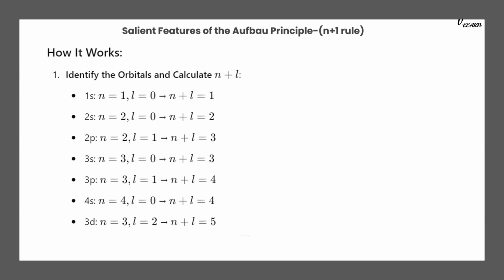And for 3p, n is equal to 3, and for p, l must be 1, so 3 plus 1 is equal to 4. For 4s, it is 4 plus 0, equal to 4. For 3d, s, p, and then d are 0, 1, and then 2, so 3 plus 2 is equal to 5.